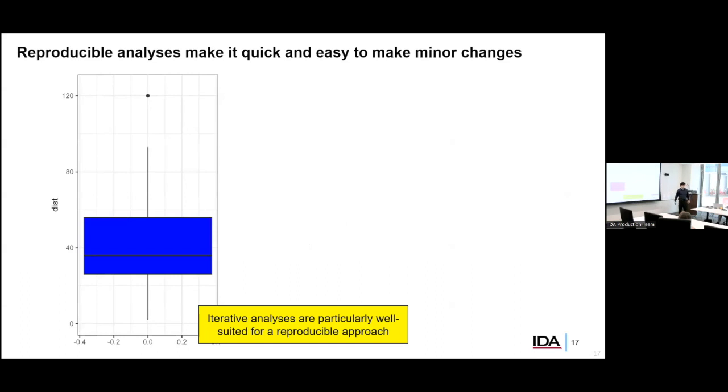In this example, we have a box plot, and let's say that we want to change its color and remove this outlier over here. If this were created in something like Excel or JMP, then that might require a little bit of work to accomplish.